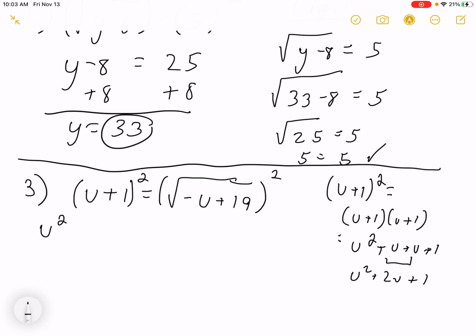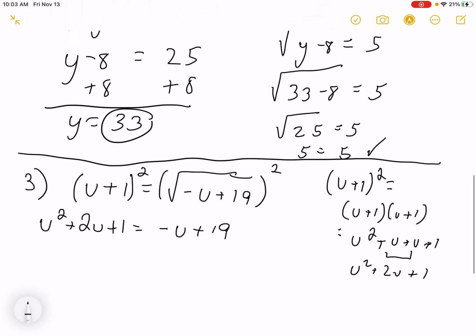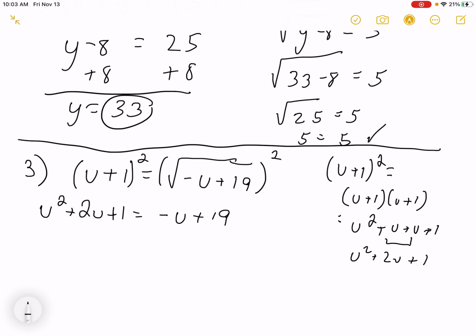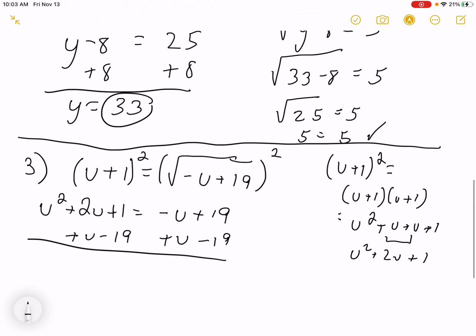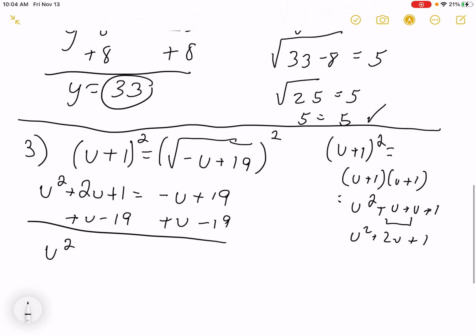So u squared plus 2u plus 1 equals, the right side will just be negative u plus 19. Now we have a quadratic equation. I'm going to move everything to the left side so that the right side will be 0. So u squared plus 3u minus 18 equals 0.